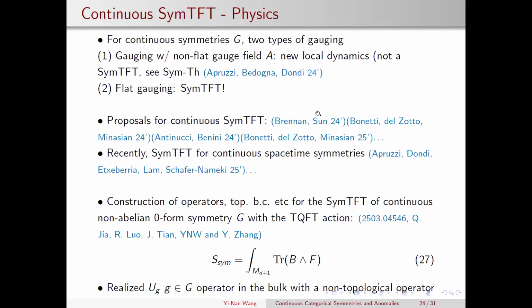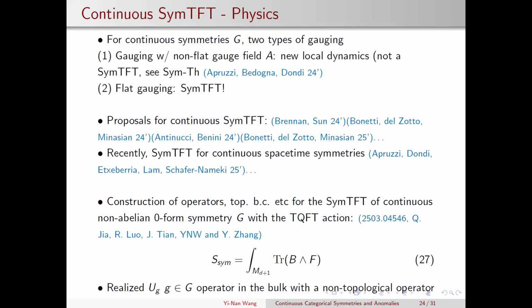But before proceeding, I'm going to re-emphasize the question: what is the physical situation we are describing using category theory? For continuous symmetry G, as I mentioned in the beginning of the talk, there are two types of gauging. The first one is gauging with a non-flat dynamical gauge field. In general, after gauging, you just have a new theory, right?